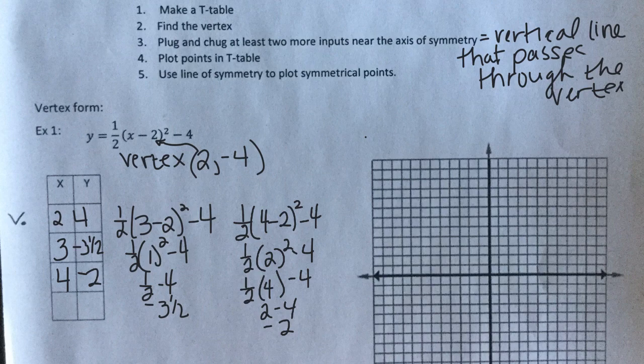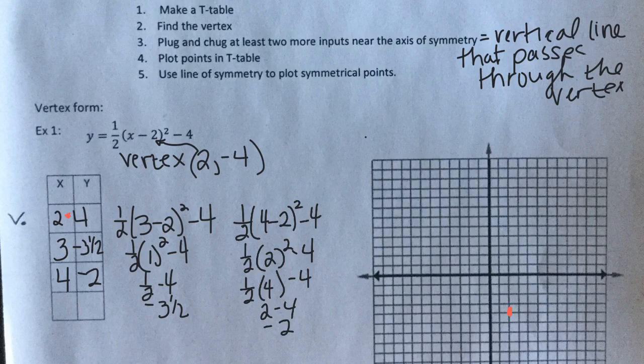Okay, so now we have 3 points and we're going to graph them. I'm graphing my vertex first, +2, -4.